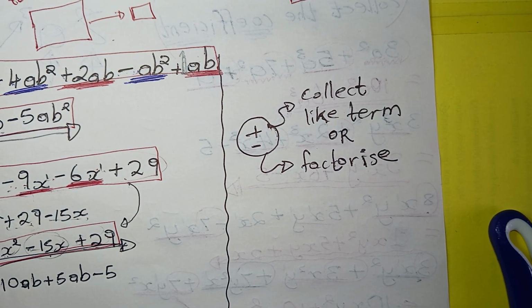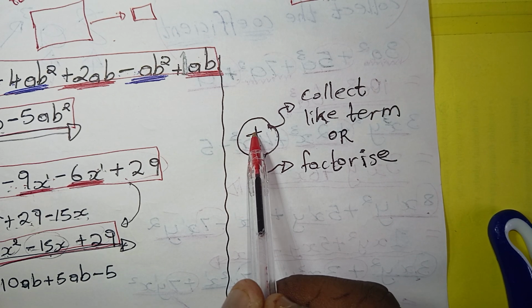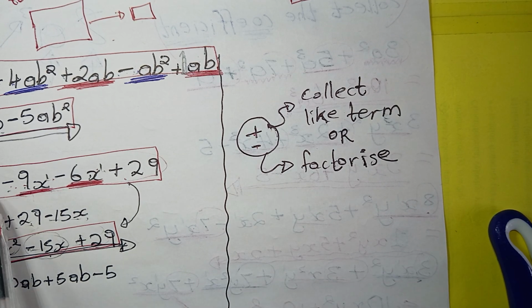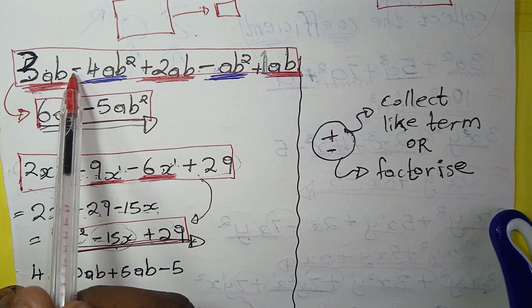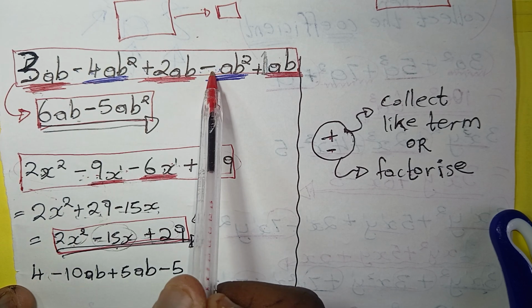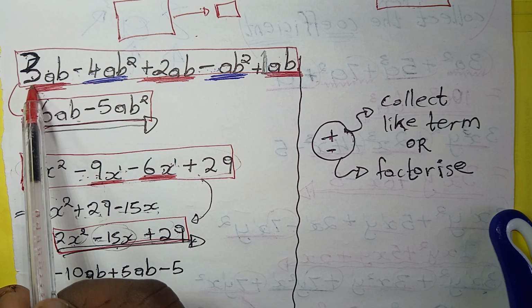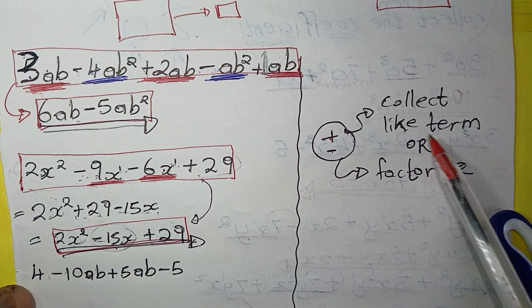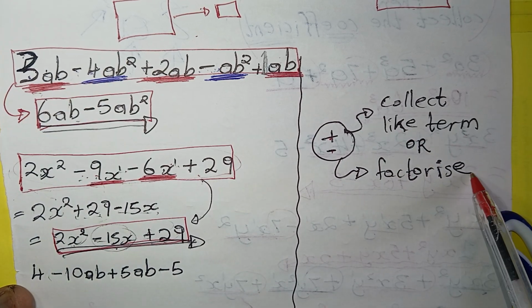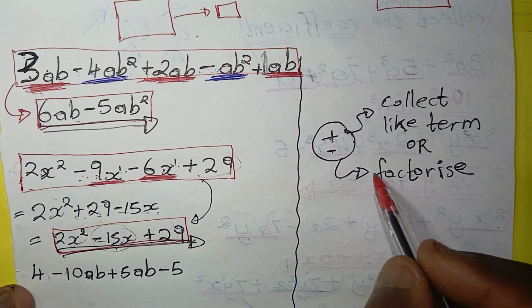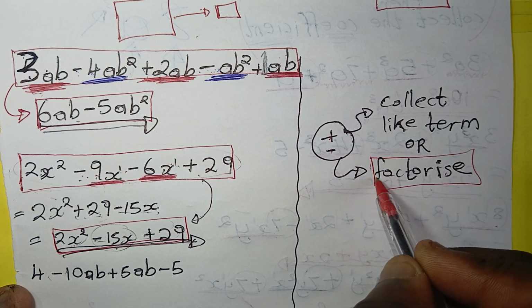So guys, when you see plus or minus between your terms, like between these terms, do you see? If you see minus plus between your terms, it's either there you collect like terms or you factorize.